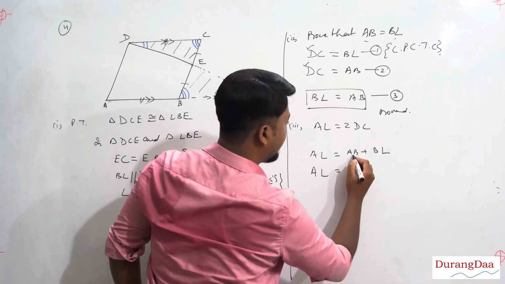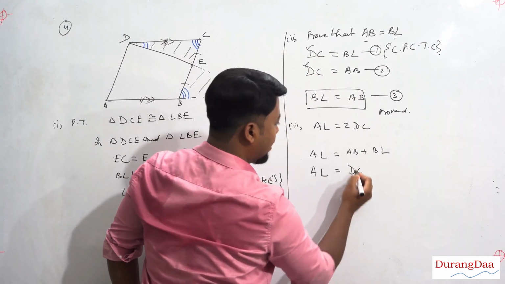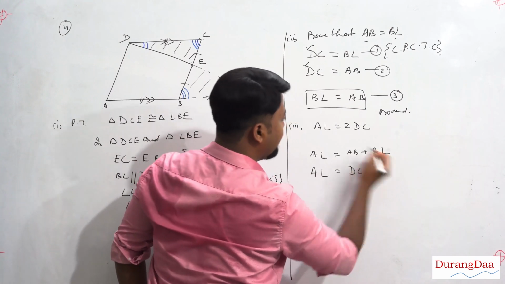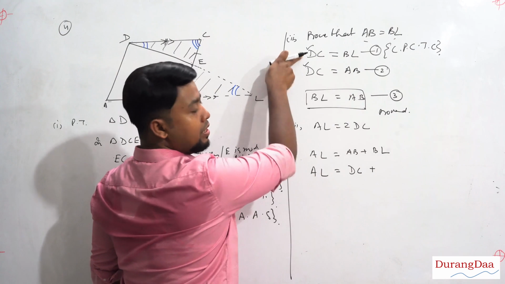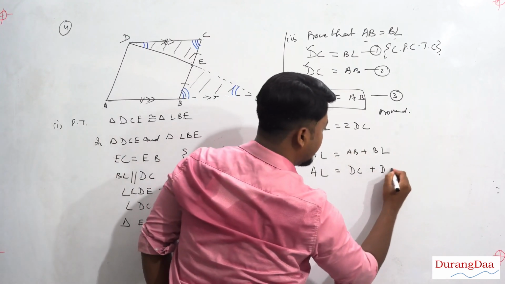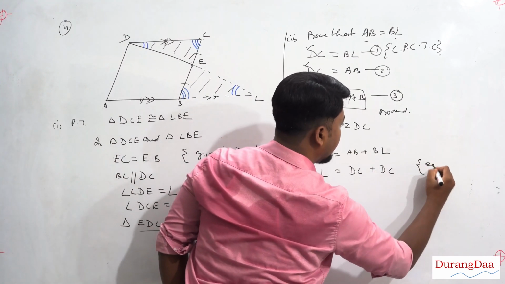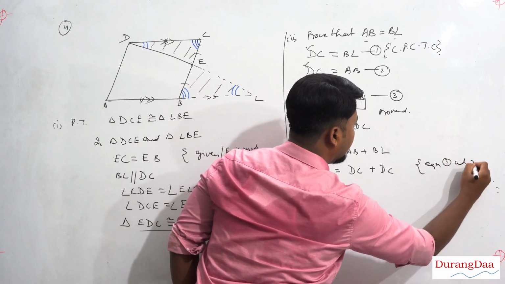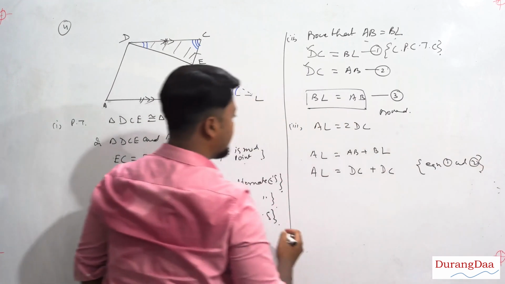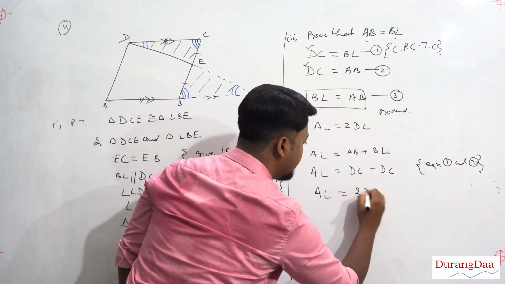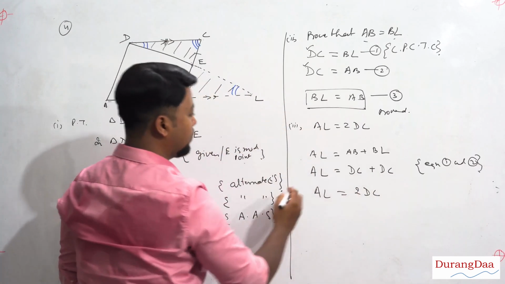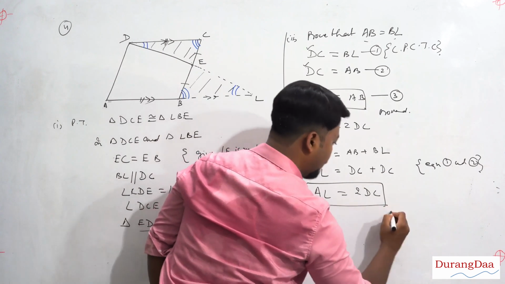So I am substituting the value, instead of AB I wrote here DC, plus BL, the value of BL from equation number 1 is again DC. The reason will be equations 1 and 2. Alright, so after that AL equals DC plus DC, which is 2DC. So this is what we had to prove. So again proved.